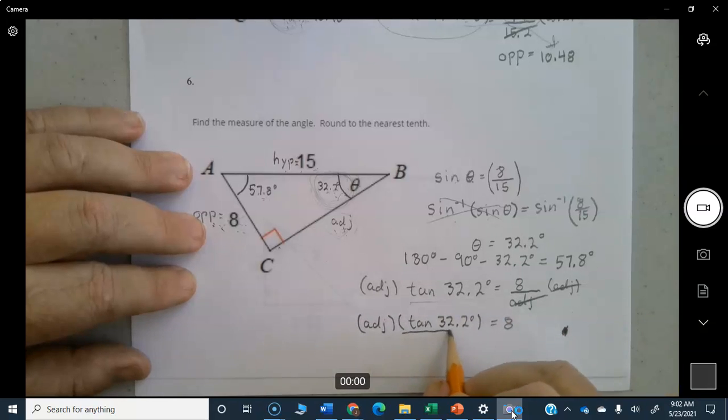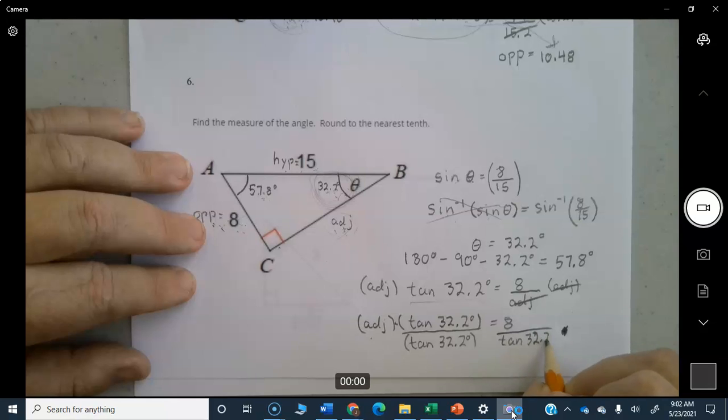Now we have to divide by this. We need to get adjacent by itself. And since it's a multiplication between these two, you offset that by a division. You can just wrap this all in parentheses and do what I'm doing here. Or you could have gone in and calculated it first and come up with a number if you wanted. So these two cancel.